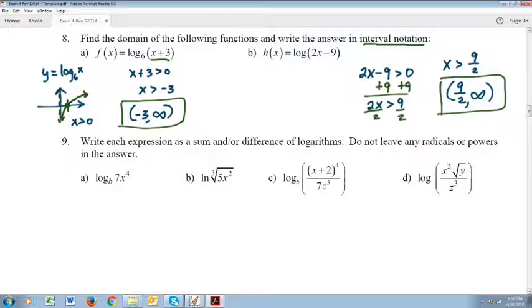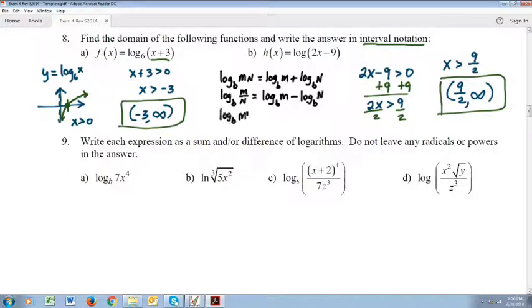All right, as we do number 9, they didn't use the word that we used before, but we're going to expand these logs into 2 or more logarithms. So basically we're taking a single expression and expanding it using our 3 properties. So I'm going to go ahead and put them down here.